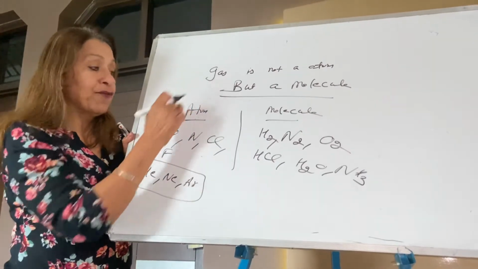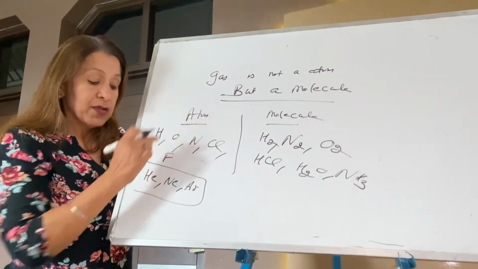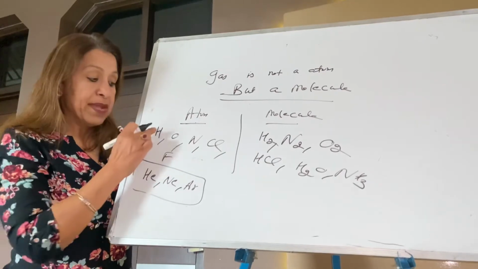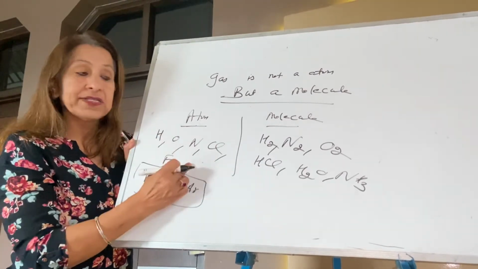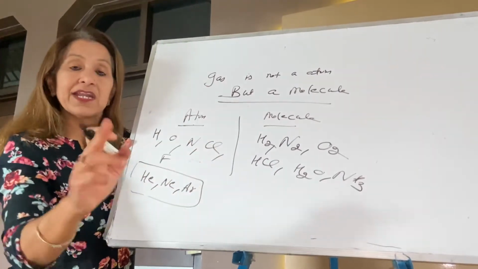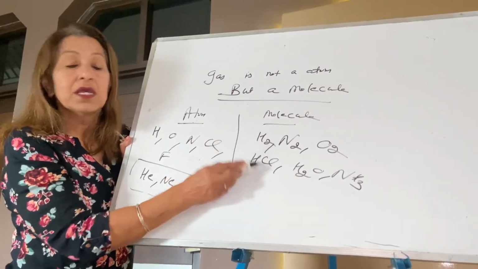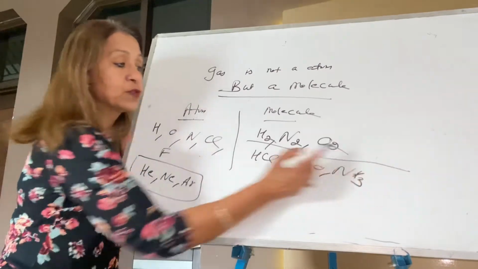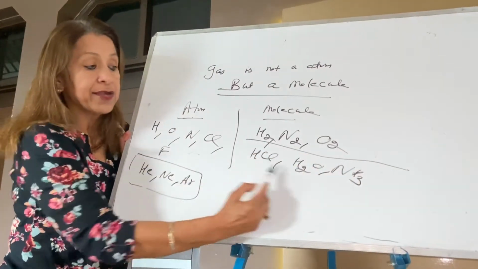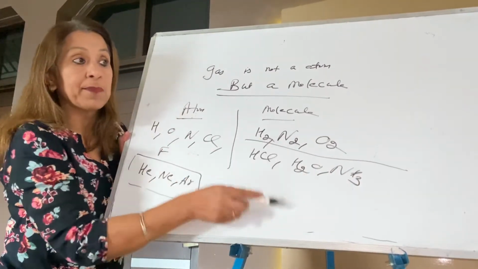So according to Avogadro, an atom may or may not have independent existence, and a molecule always has independent existence. And molecules are of two types, homoatomic and heteroatomic. See all my points.